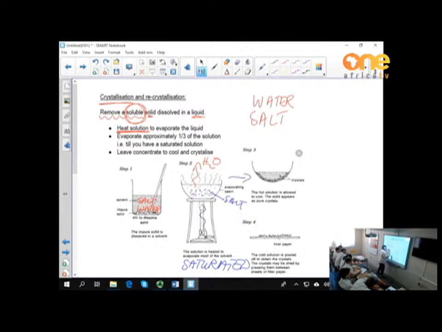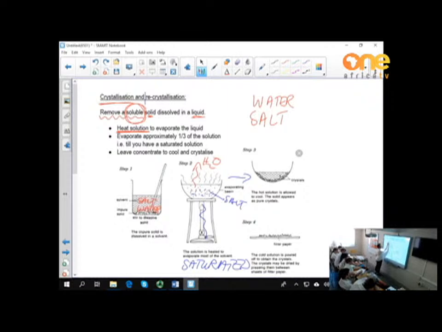You allow the hot solution to cool down. As the liquid cools down, the solubility of the salt in the liquid becomes less, so it starts forming crystals. You will pour off the rest of the liquid, and you will be left with pure crystals. That is crystallization.